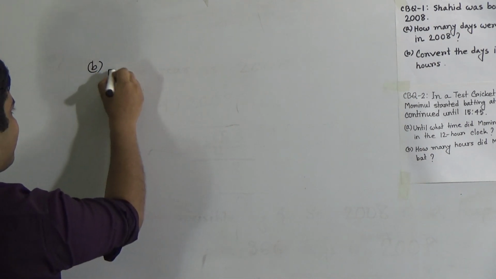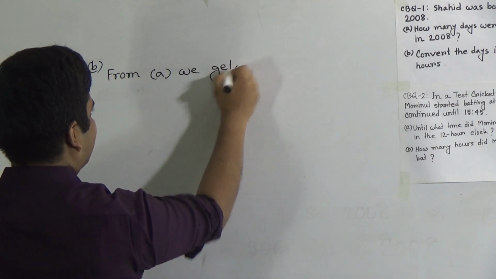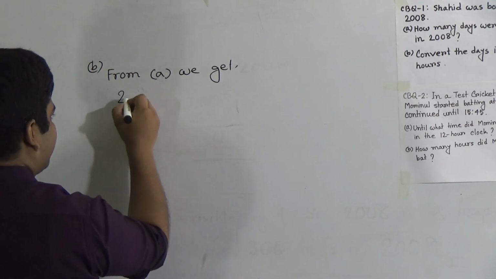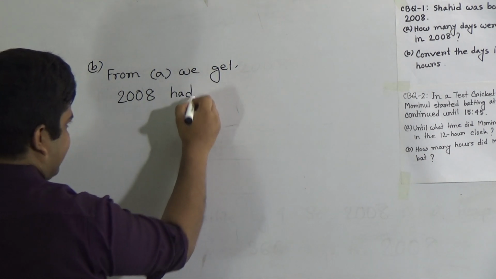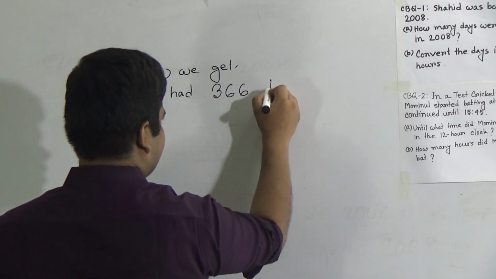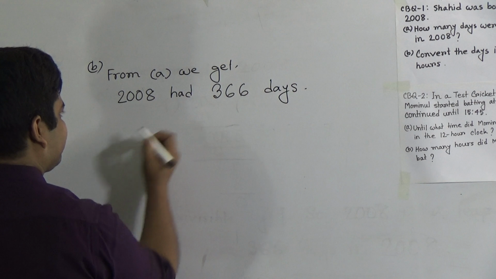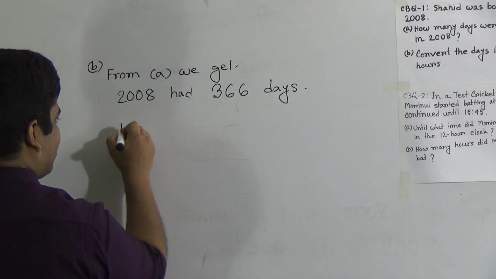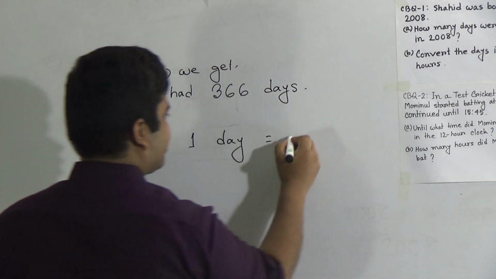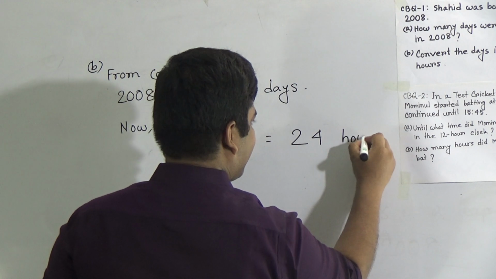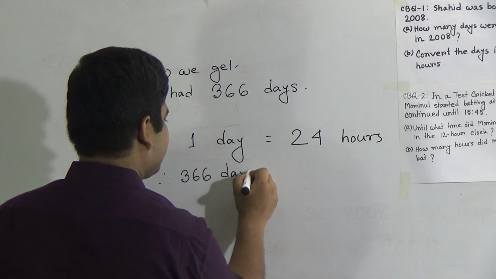From A we get 2008 had 366 days. Okay, now 1 day equals 24 hours. Now 366 days equal how many hours?